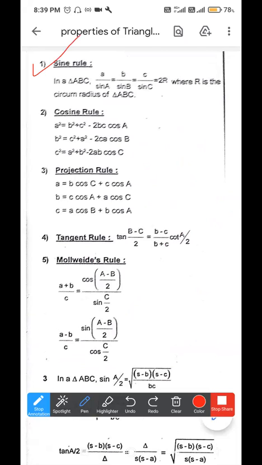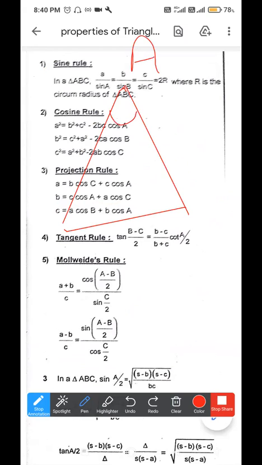So the first one is the sine rule. What is the sine rule? In triangle ABC, a by sine A is equal to b by sine B. So in this triangle, this is capital A. Capital A is your angle.